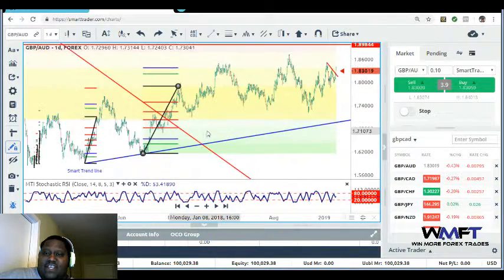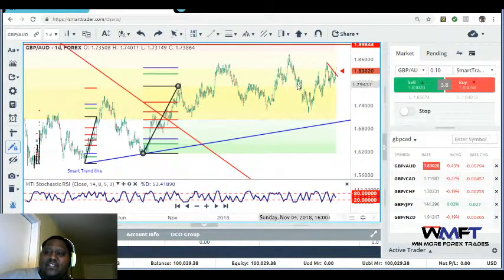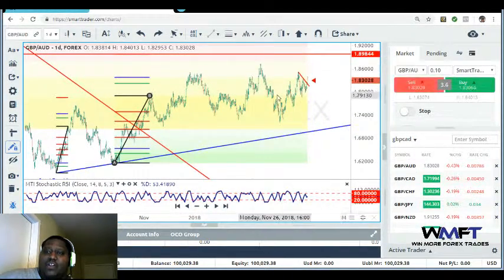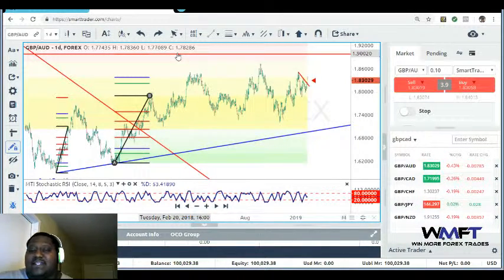With that being said, we're in the buy zone on the daily time frame. So that gives us an idea that we want to buy this market short term up to the Fibonacci 1618D extension.